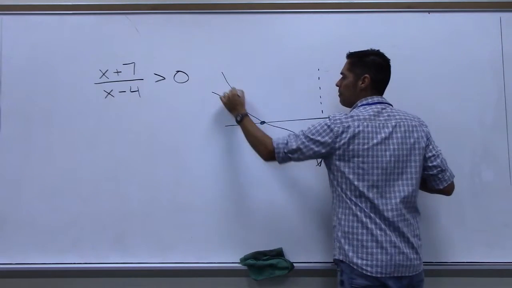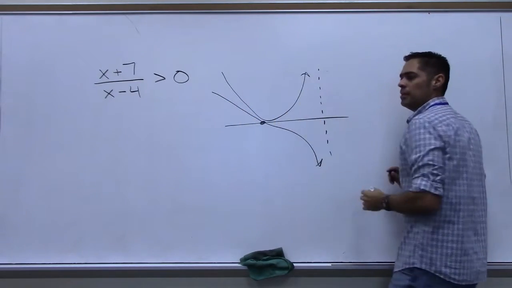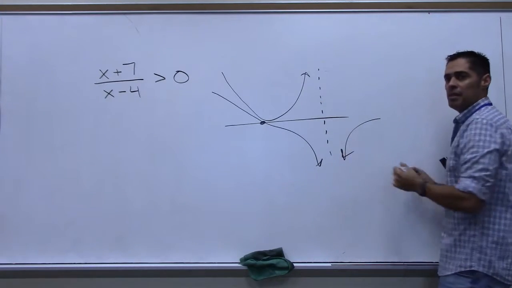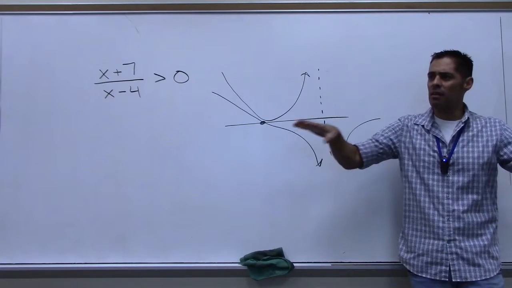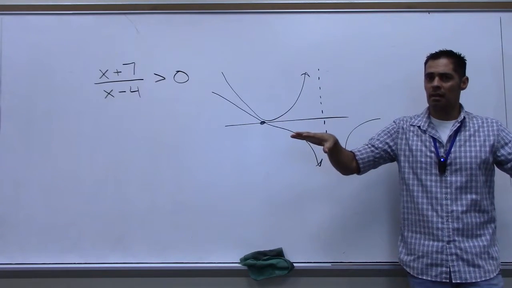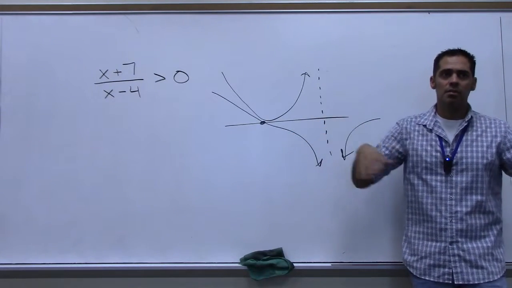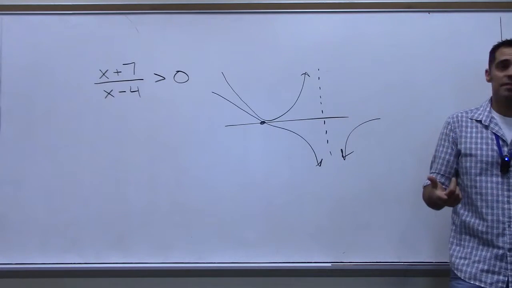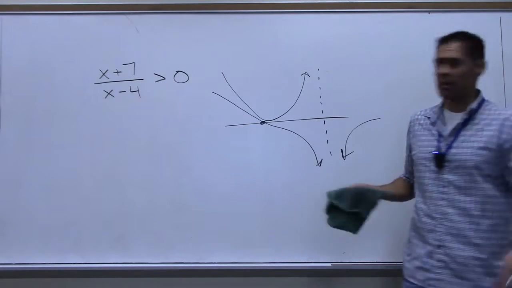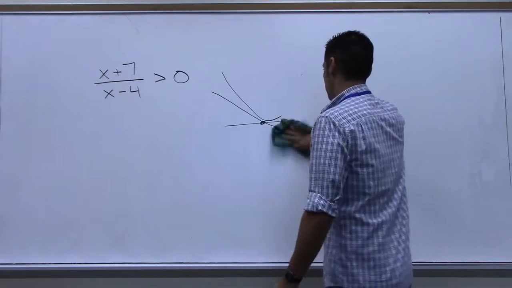Or it could have come through and touched and come back up. And then on the other side it might be the opposite. But the horizontal asymptotes really don't tell us much. They don't really matter. So we're going to focus most of our attention on just the x-intercepts and the vertical asymptotes. That's the only thing we'll want to really address.